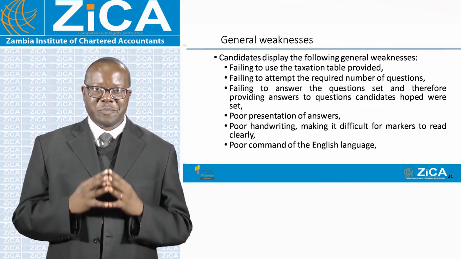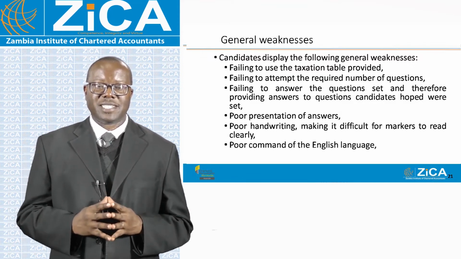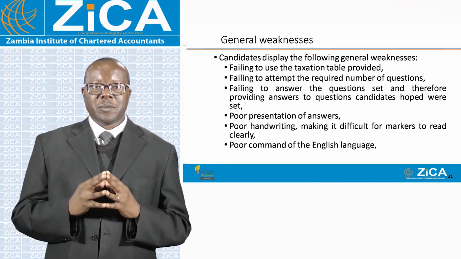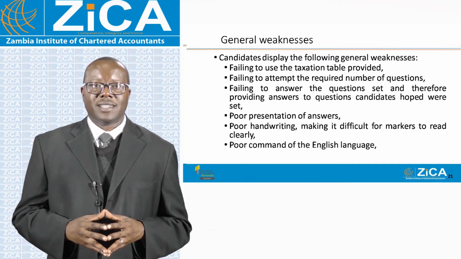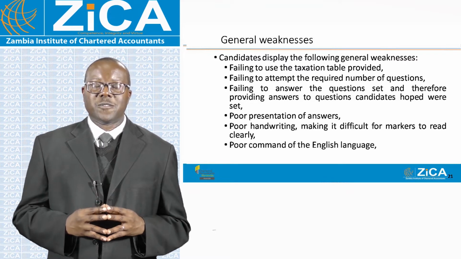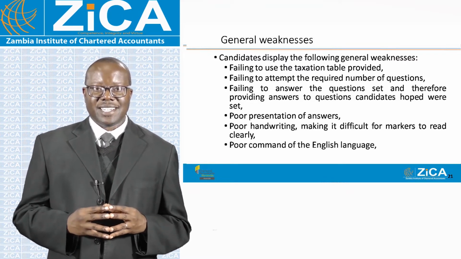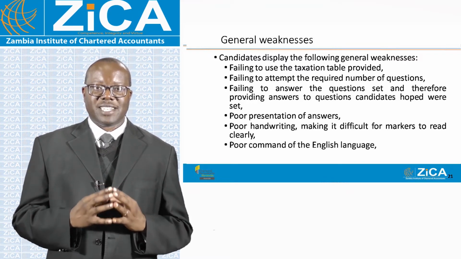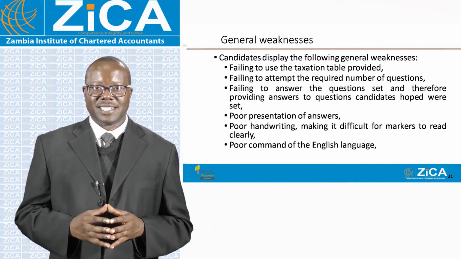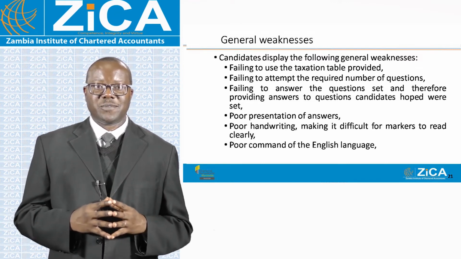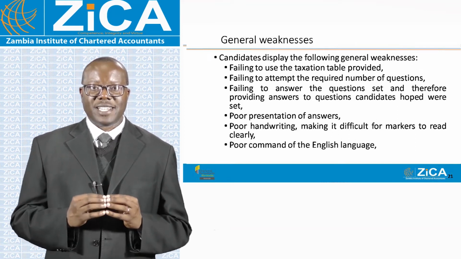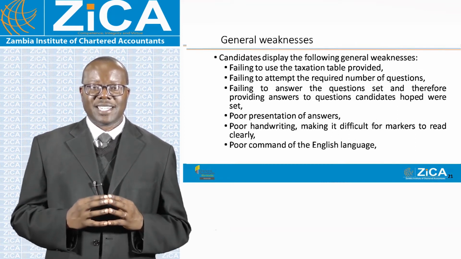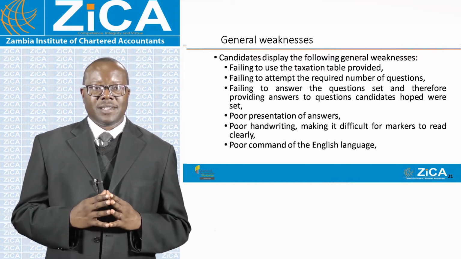Candidates must clearly perform the specific calculations asked for, or provide the specific discussions which have been asked for. A question that asks for a discussion will require the answer in the form of a discussion and not calculations. A question that asks for an explanation will require the answer in the form of explanations and not calculations.